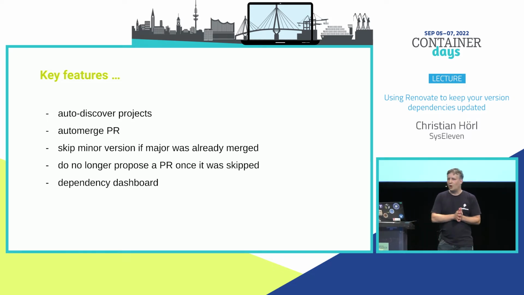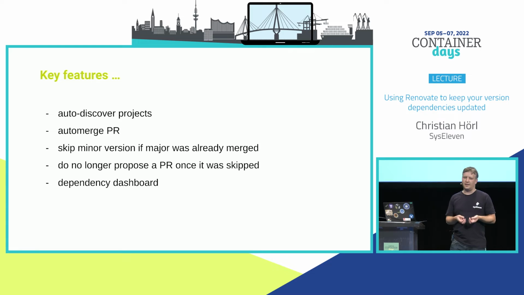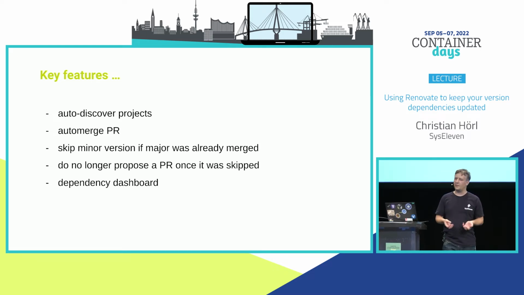It's not always a good idea to automatically merge requests, but in some cases it might be really reasonable. I use it for one special case, which is doing the updates for Renovate itself on an automatic basis, and they come on a daily basis, and you do not want to merge it manually every day. So this is something you can really automate, and it saves you a lot of time.